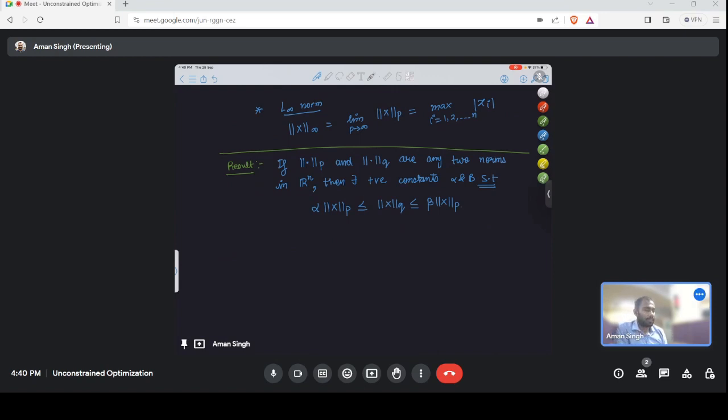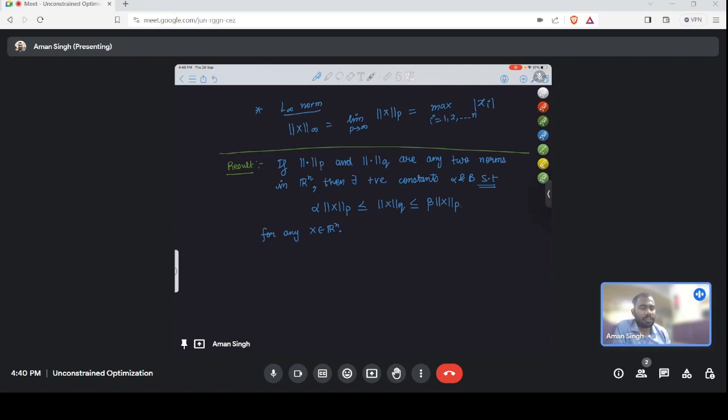So basically, every q norm of x is bounded by some multiple of any p norm of x. This should be true for any x belonging to Rn.